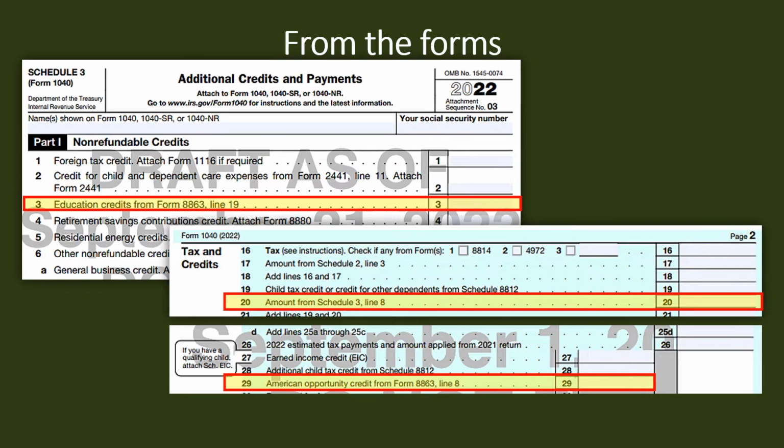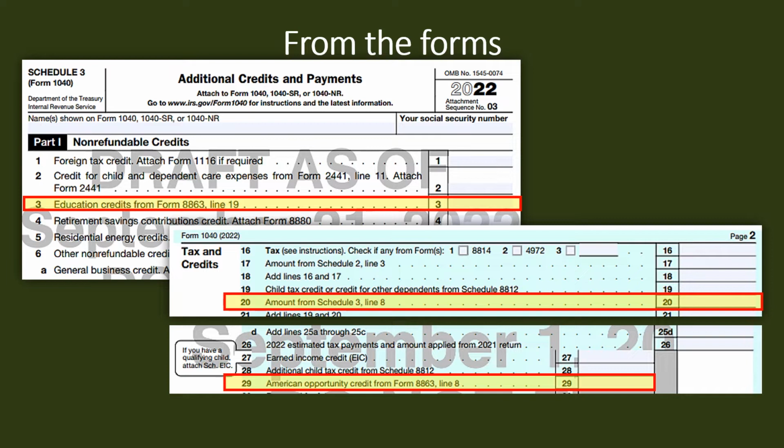After Form 8863 goes through some calculations and asks some qualifying questions, then the credit amount flows onto Schedule 3, line 3. There's education credits from Form 8863, line 19. But that's actually just the non-refundable portion. So if our taxpayers also had a refundable portion of that American Opportunity Credit, that one actually flows directly onto the Form 1040, page 2.